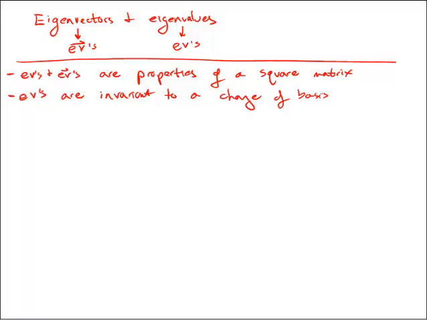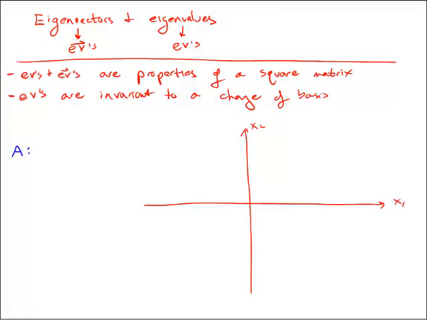Okay, but since we're thinking about matrices, let's remind ourselves of what a matrix does. Let's say we have the matrix A. A matrix takes in vectors, that's V1, and maps them to other vectors. So maybe when you multiply A by V1, you get this new vector, AV1.